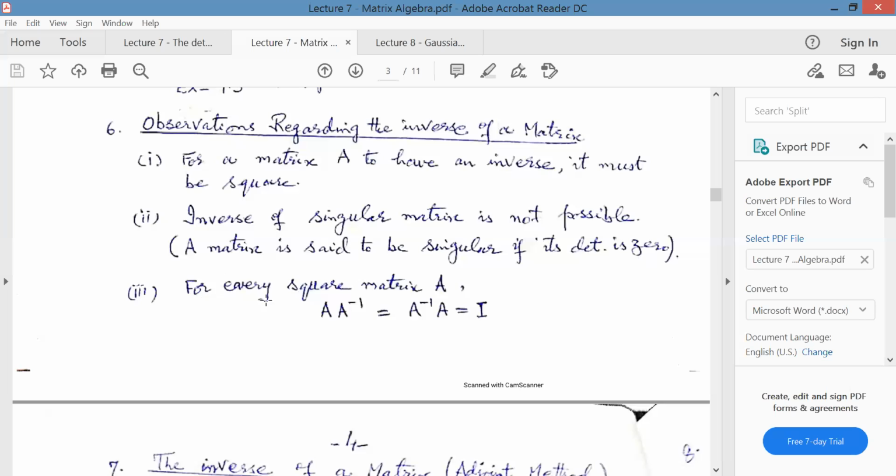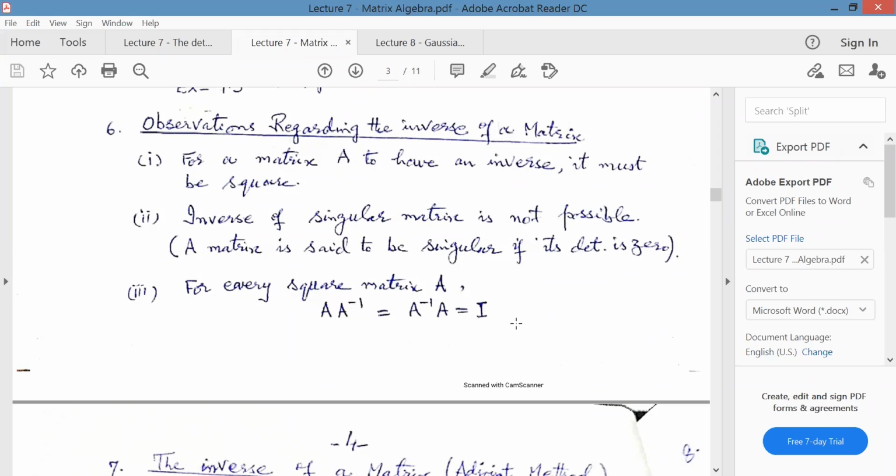And it may be given to you in the question or paper or in the assignments that verify your answer. So this is the way you verify your answer: you multiply your matrix with the inverse you have found, and the answer should come to be an identity matrix.